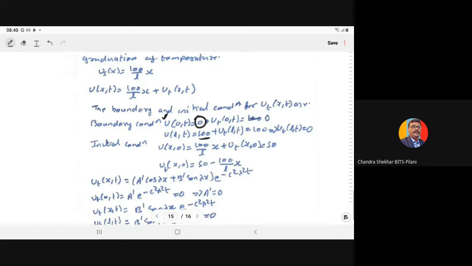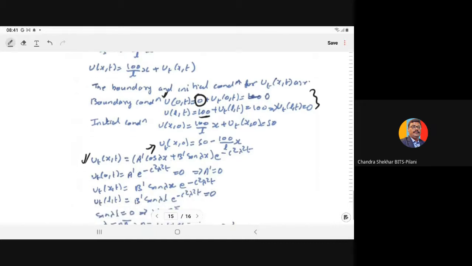So here we have computed the initial condition for the transient temperature, and the boundary condition for the transient temperature. And we know that ut is a dash cos lambda x plus b dash sin lambda x, into e to power minus c square lambda square t.